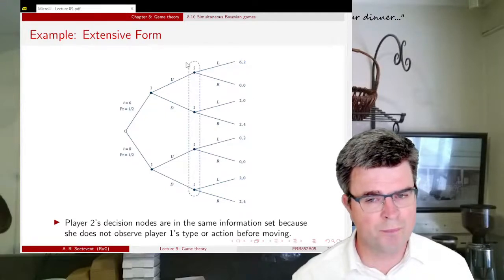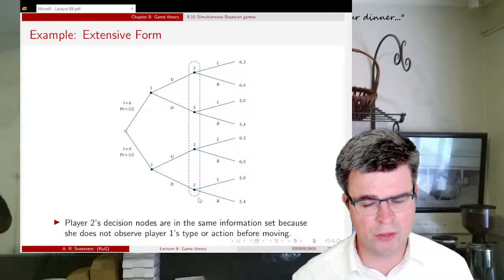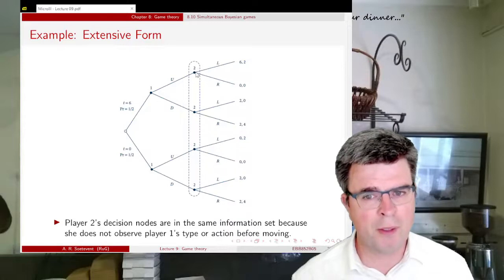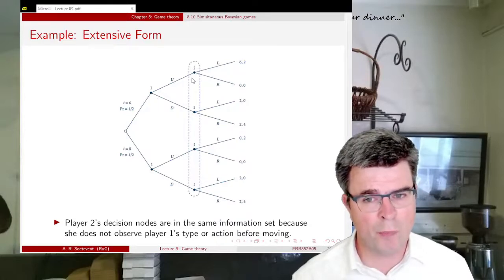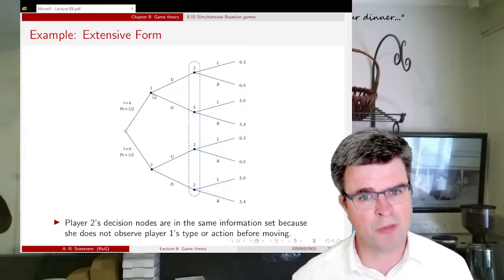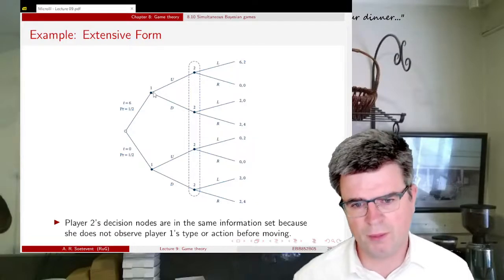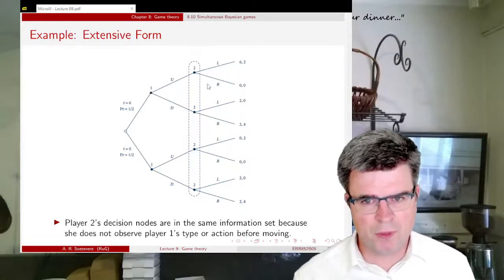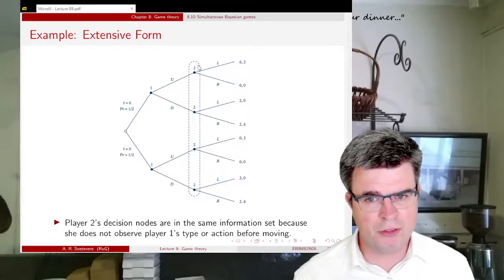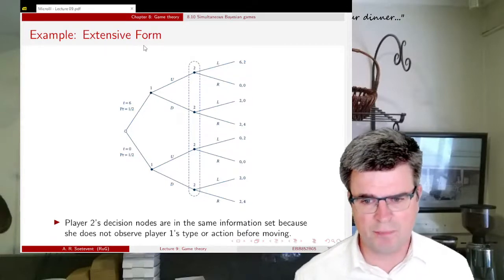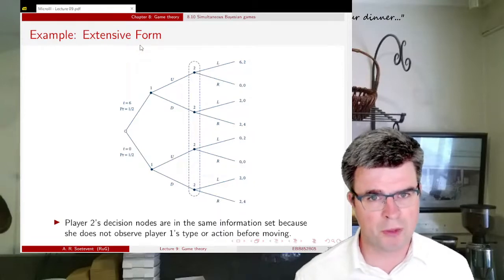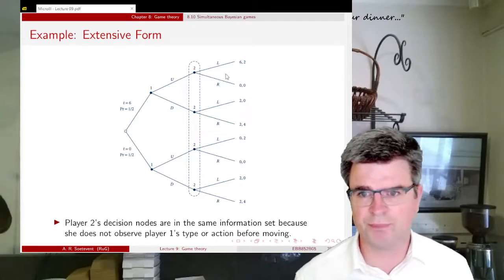But player two, at the decision node of player two, we have this dotted area around it because player two does not know at which node he is when making the decision for left or right, because he doesn't know the realization of the type of player one. So all four of player two's decision nodes are in the same information set, because she does not observe player one's type before she has to decide what to do.